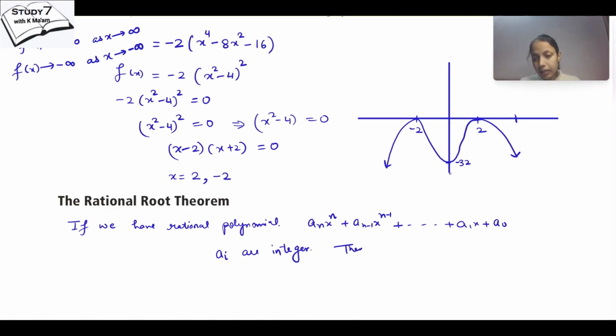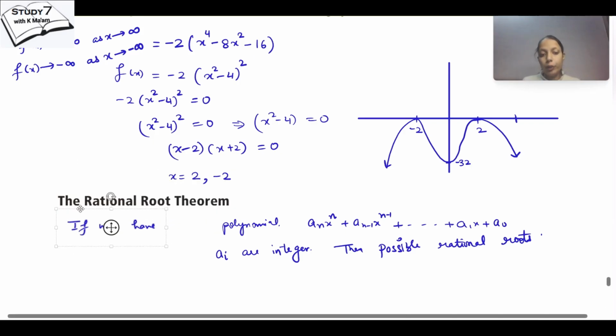Then possible rational roots. We are already defining a here, so remove this.